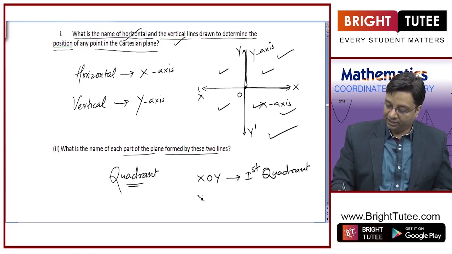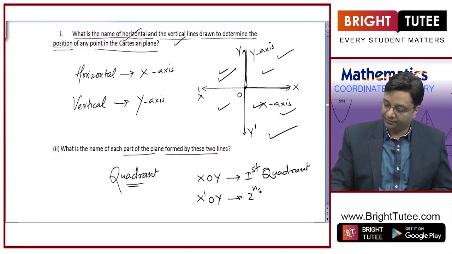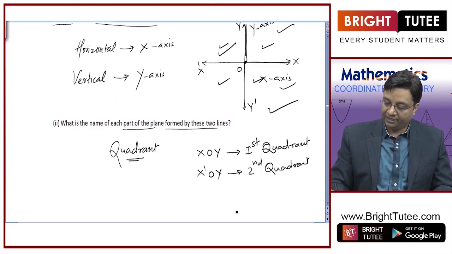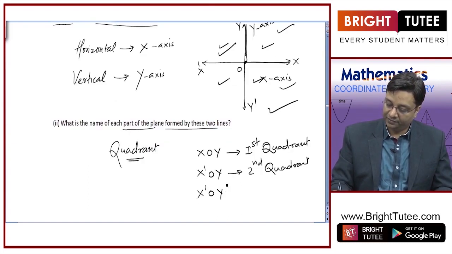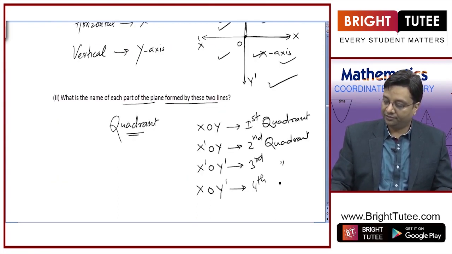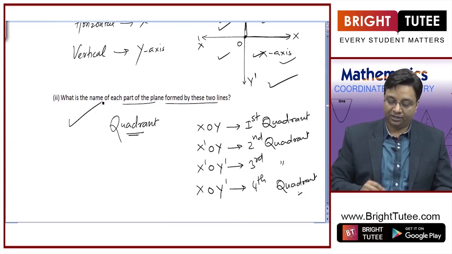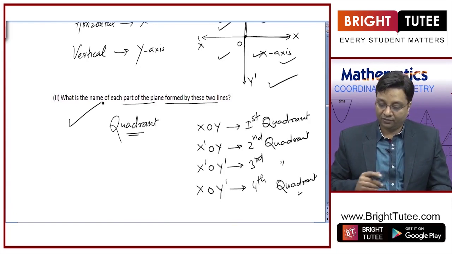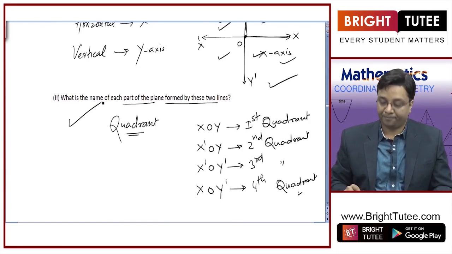X dash, O, Y is the second quadrant. X dash, O, Y dash is the third quadrant, and X, O, Y dash is the fourth quadrant. Okay. So, this is the name of each part of the plane formed by these two lines.